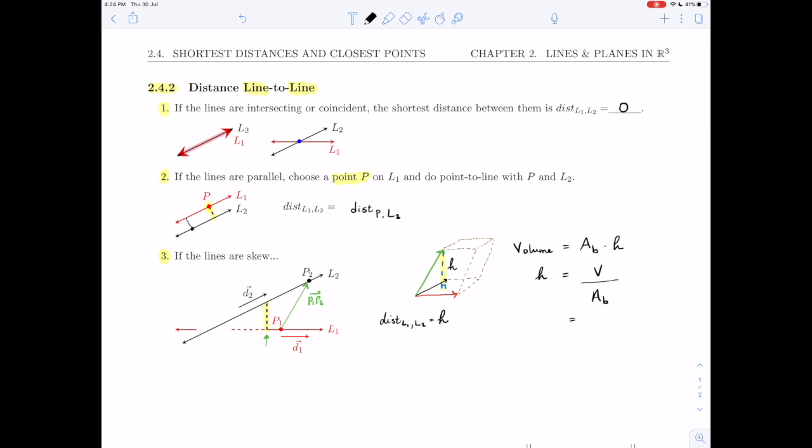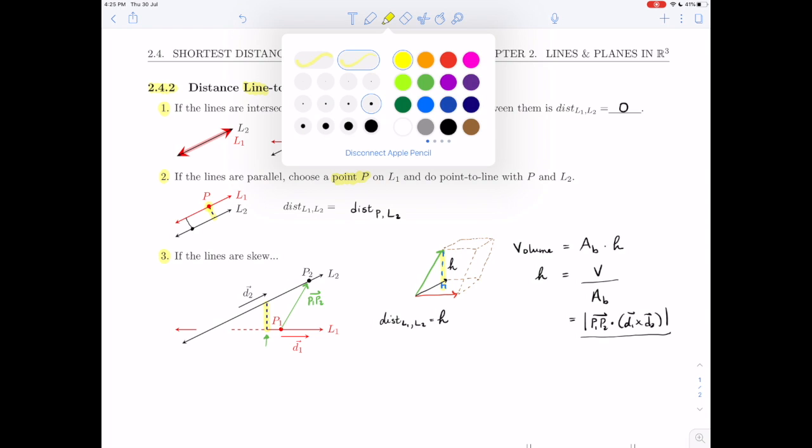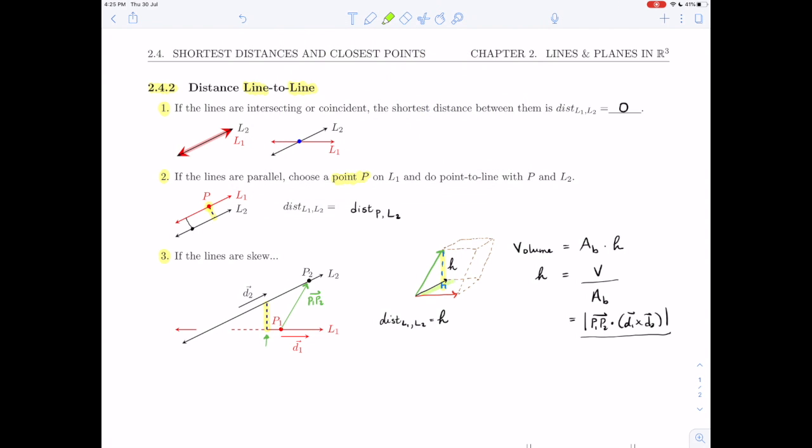The volume can be calculated as the absolute value of the triple scalar product, P1P2 dotted with d1 crossed d2, divided by the area of the base. What's the base? If we look carefully at our diagram, the base is that parallelogram right there.